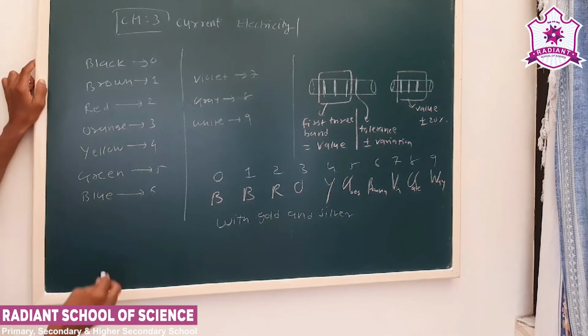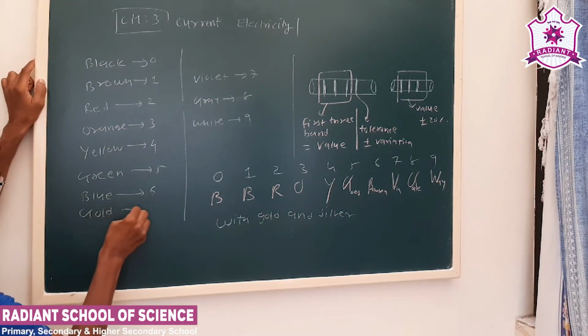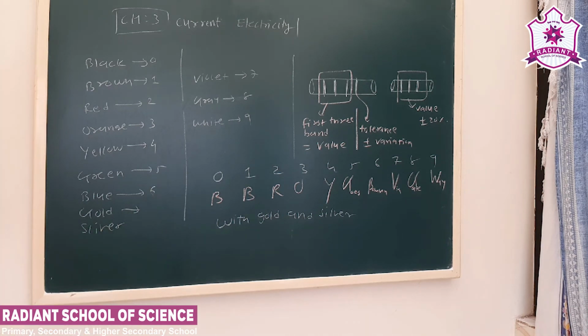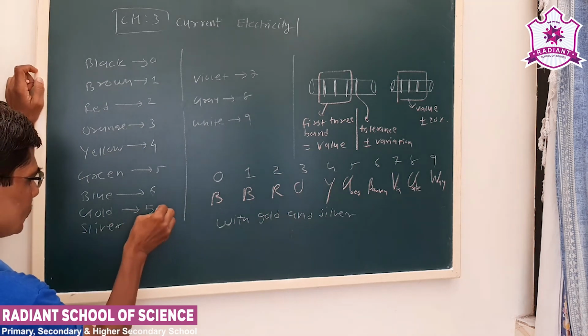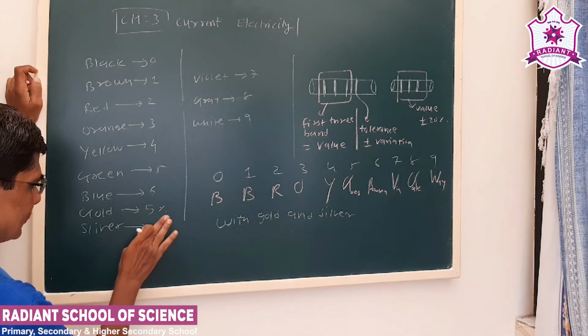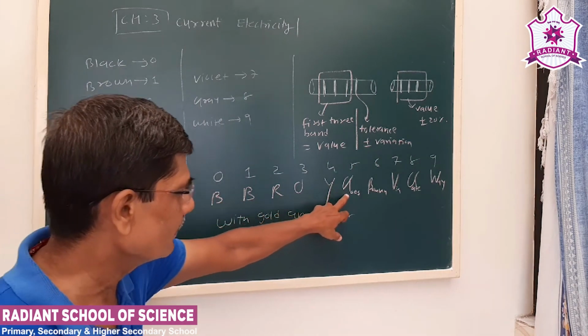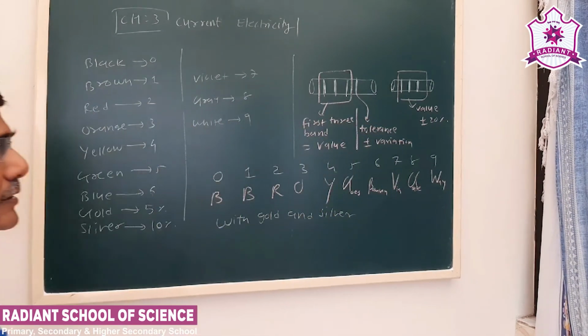Okay, here is a band of gold or silver. Now see, this gold and silver show the tolerance. Gold has a tolerance of 5% and silver has a tolerance of 10%. So this is how our acronym works. BB Roy goes to Bombay via gateway with gold and silver.